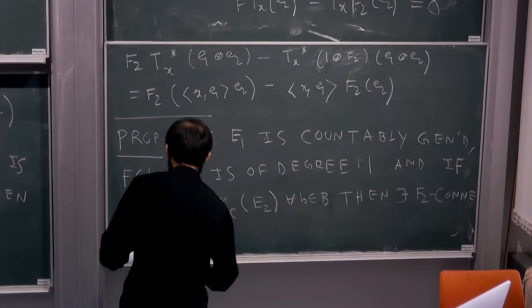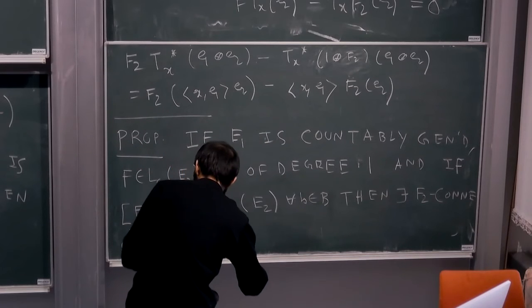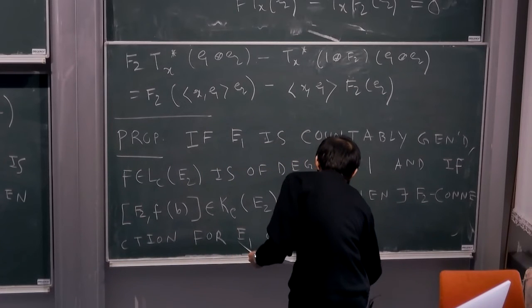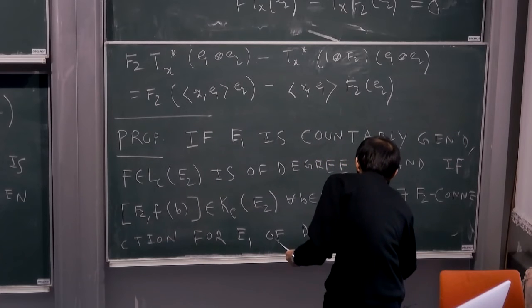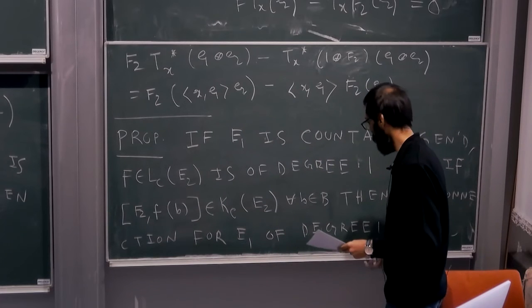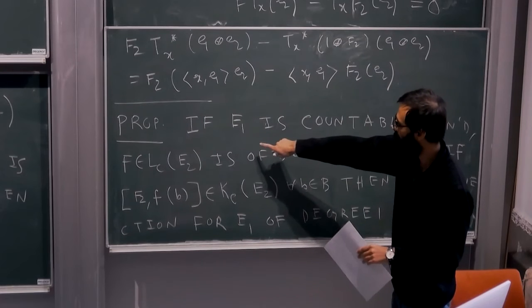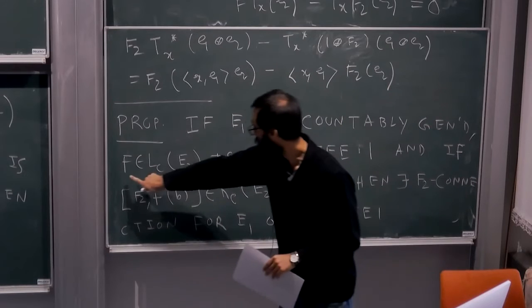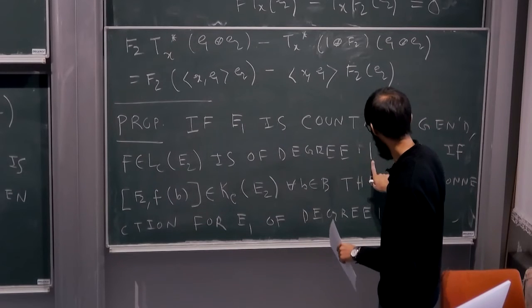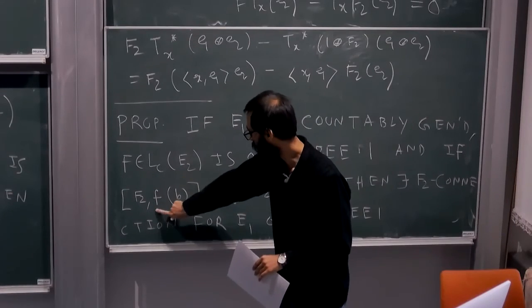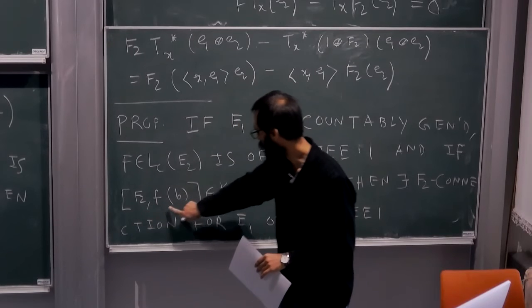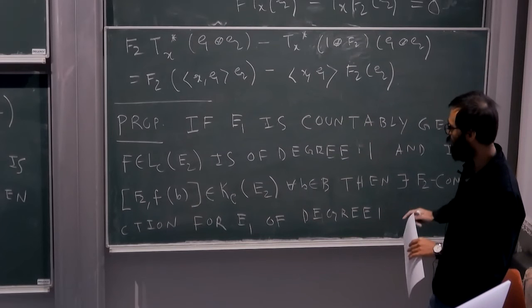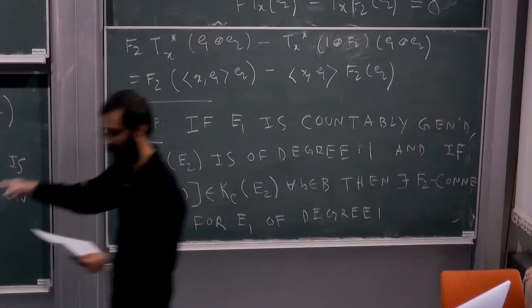There exists an F2 connection for E1. All these requirements are satisfied by a Kasparov triple. The first one is countably generated. The second, the operator on the second module is of degree 1, and the commutator with phi 2 b, F2 comma phi 2 b, is in fact compact. So for Kasparov modules, F2 connections always exist, and that would be the replacement for 1 tensor F2.